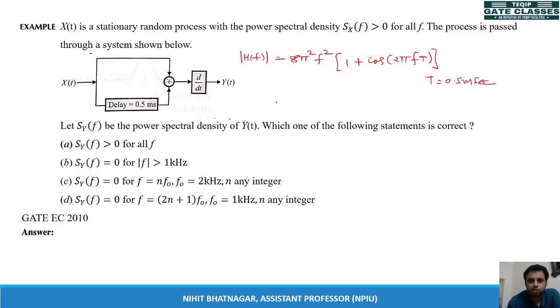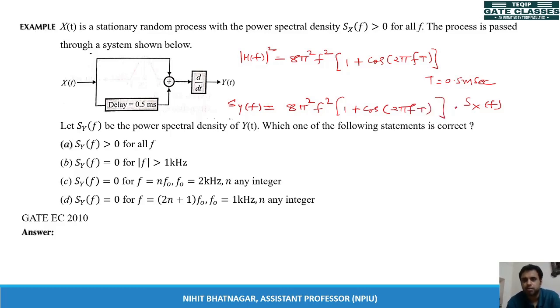Now it is |H(f)|², then Sy(f) is equal to |H(f)|² times Sx(f), so it becomes 8π²f² times (1 plus cos 2πft).